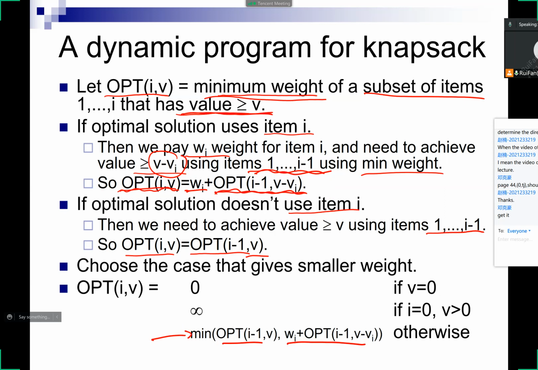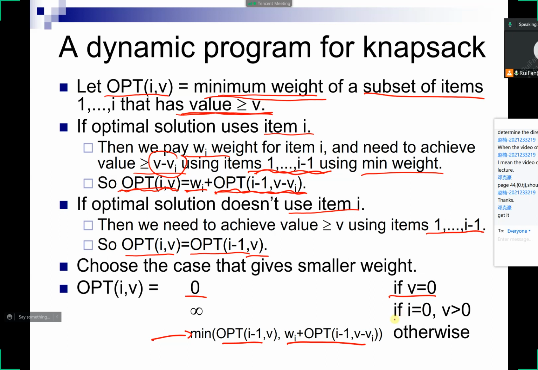There are also some base cases for the DP. If your value is 0, so you don't need to achieve any value, then of course you don't need to spend any weight. So if V is 0, then the opt is also 0.